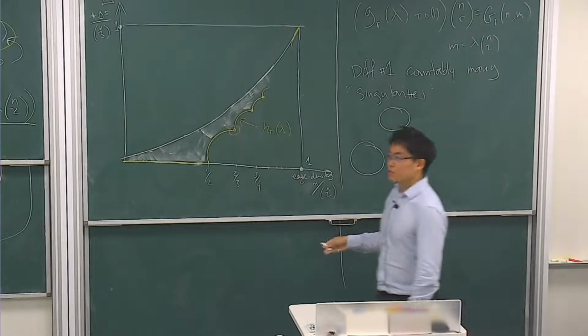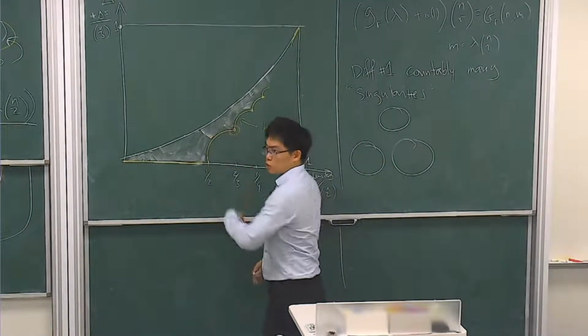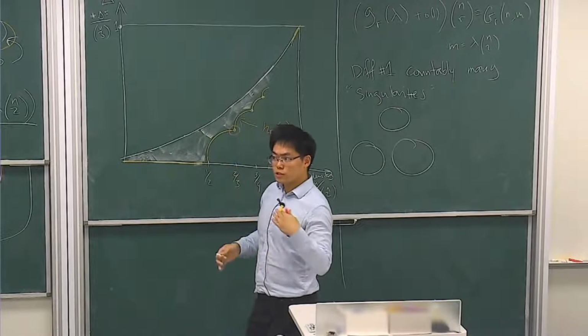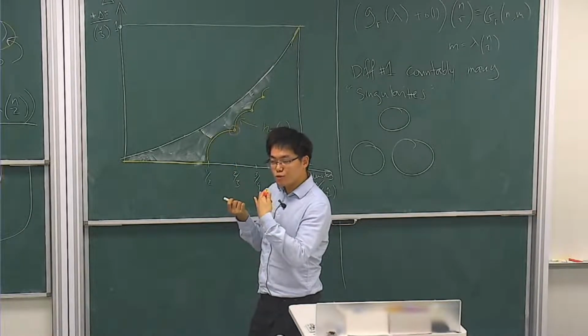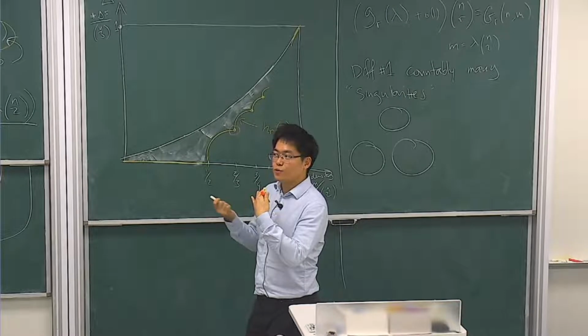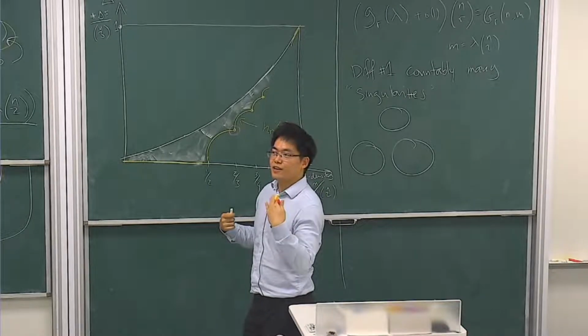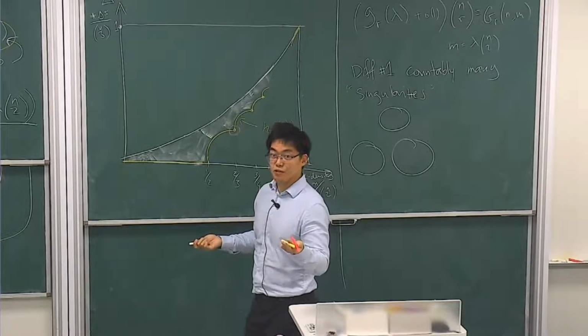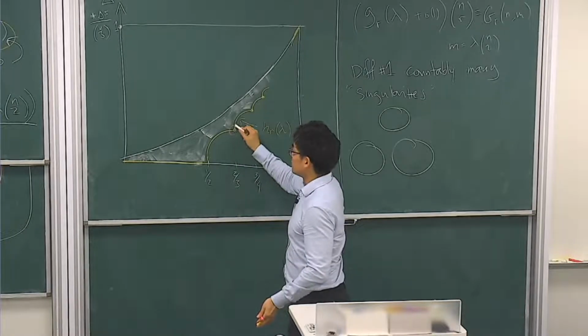So what do I mean by the singularity? What is the slope of this yellow line? The slope is precisely, when you add an edge, how many more triangles you will see. It's the increment, it's a derivative. So the derivative here is not differentiable.